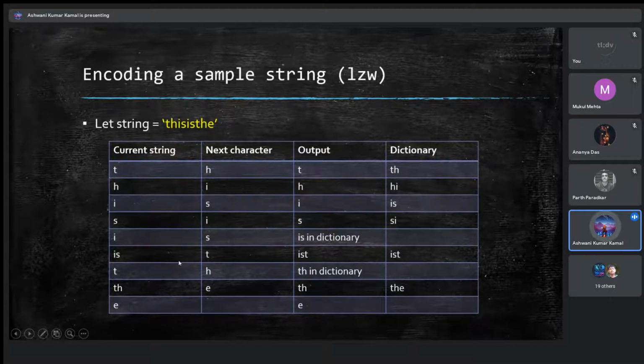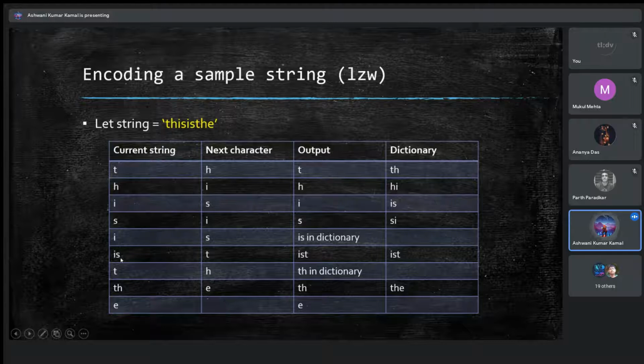The next character is T, so it becomes IST. It will check if IST is present in the dictionary or not. If it is not, we just store it and add a new code to it, and then continue. If that happens, we reset the current string, because it doesn't appear in the dictionary, so the next data we append to the current string has to be a new one.